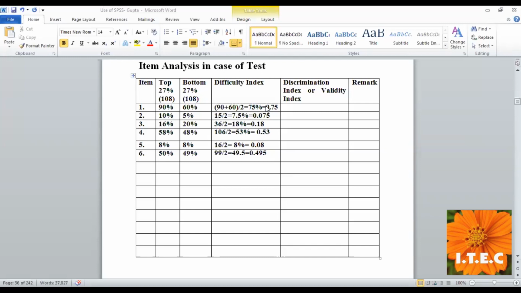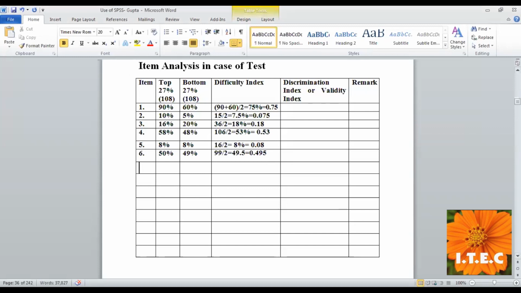And if it is more than 0.6, you can say it is easy. No problem. So your item number 1 is easy, number 2 is difficult, 3 difficult, 4th is average, this is difficult, and 5th is also average. By chance, all the 3 types of items have come. So you have to do it for all your items.